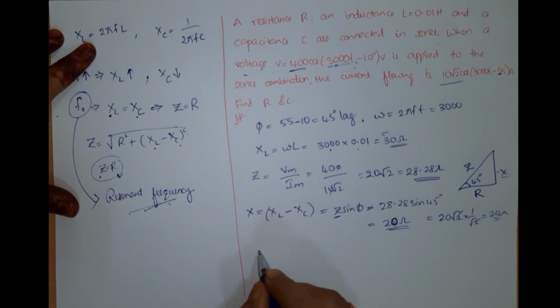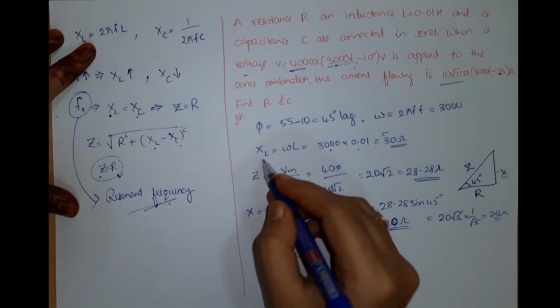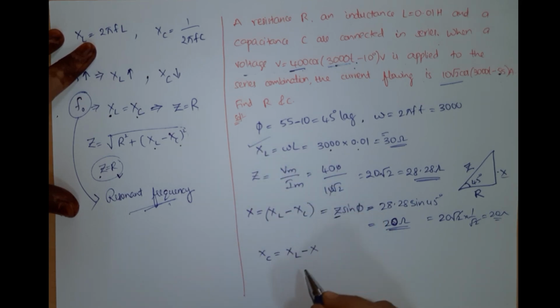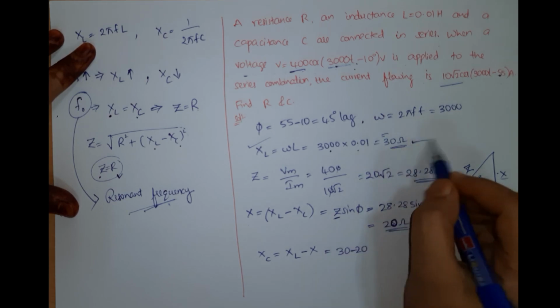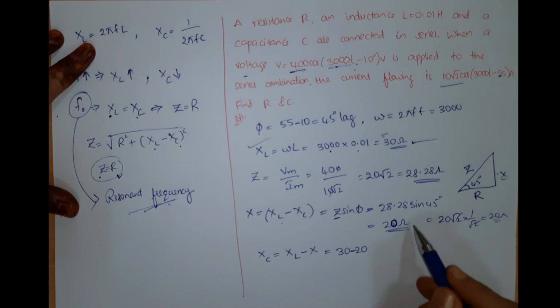And next, to find out the value of XC, it is simple. XL we have found out, minus X which we have found as 20, that is 30 minus 20. XL is 30, X is 20, so XC is 10 ohms.